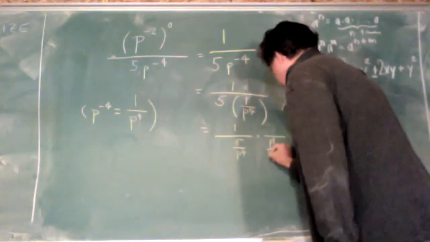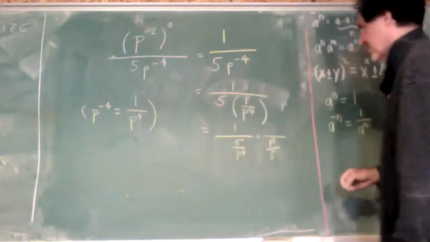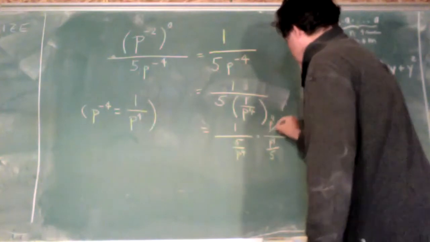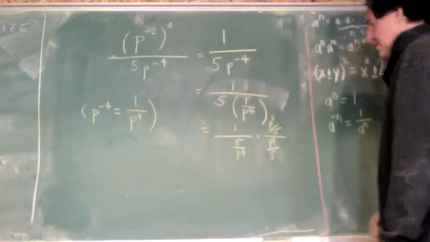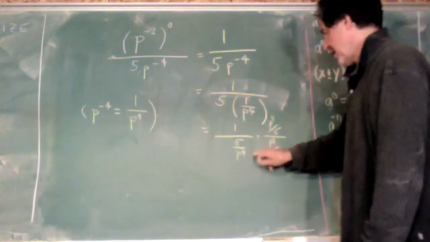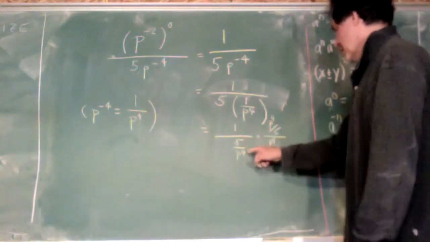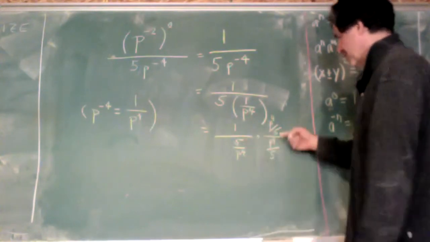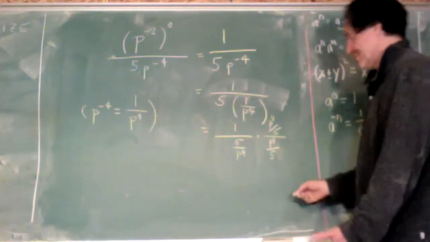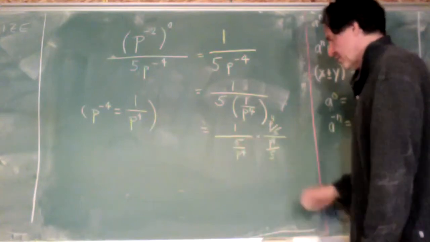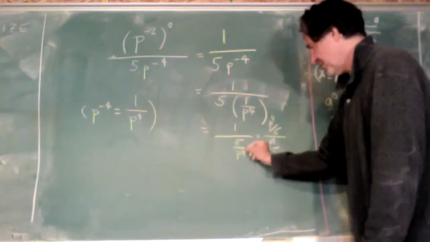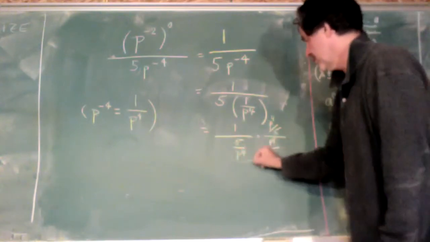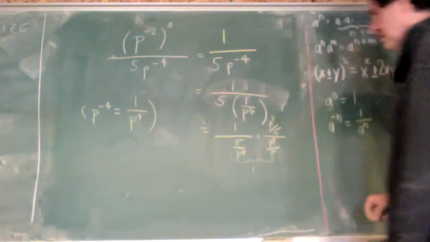Over p to the fourth over 5. Okay, so as I'm multiplying 5 p to the fourth by p to the fourth over 5, what have I got? I've got a 5 in the numerator and denominator, which cancel. I've got a p to the fourth in the denominator and the numerator, which cancel, leaving me a 1 in the denominator.